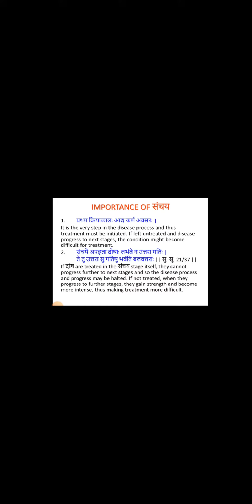The second line tells the same thing, that is tetu uttarasu gateshu bhavanti balavataraha. If we do not treat in this stage, the dosha will have more strength with more indulgence in the same nidana. I think you might have understood what sanchaya is now.